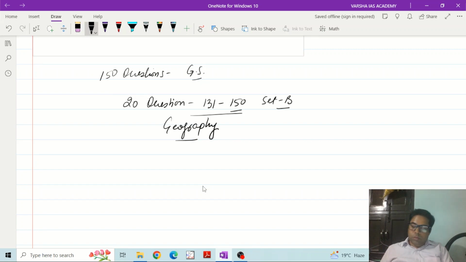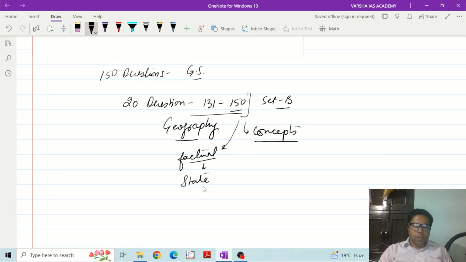These questions were based on concepts. Few were factual, and these factual questions were on state geography, particularly Bihar.